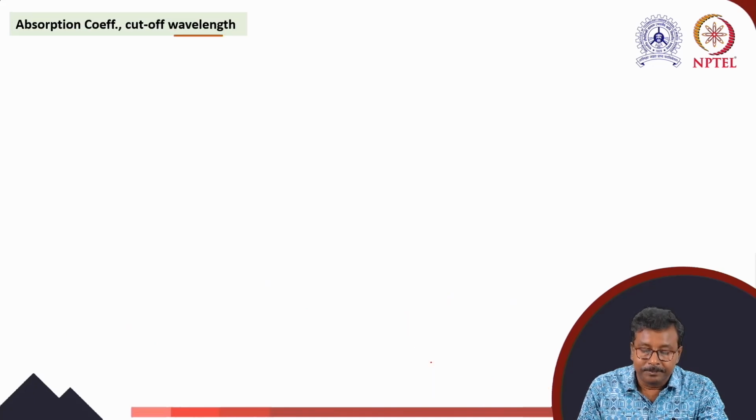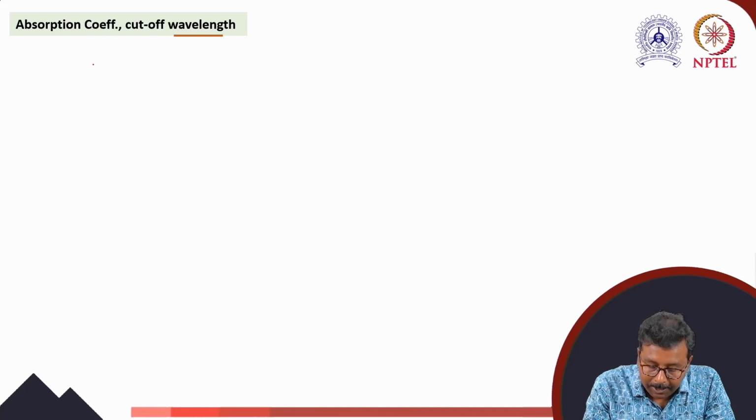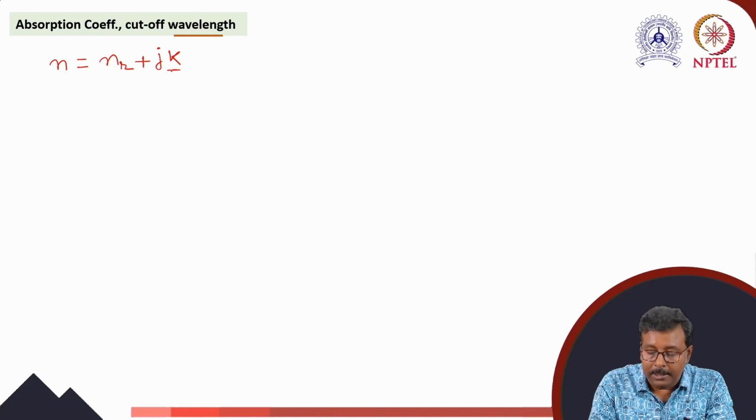So let us see, n is equal to n real plus j k. K is the imaginary part, and this is the real part.